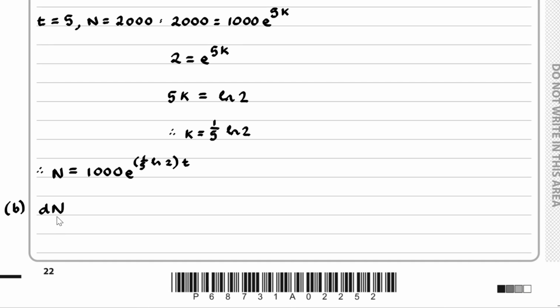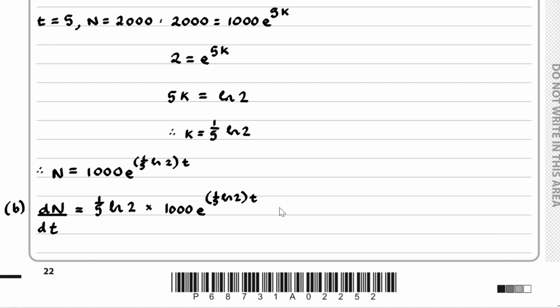dN over dt is equal to 1/5 times the natural log of 2 multiplied by 1000 e to the power of 1/5 times the natural log of 2 multiplied by t.